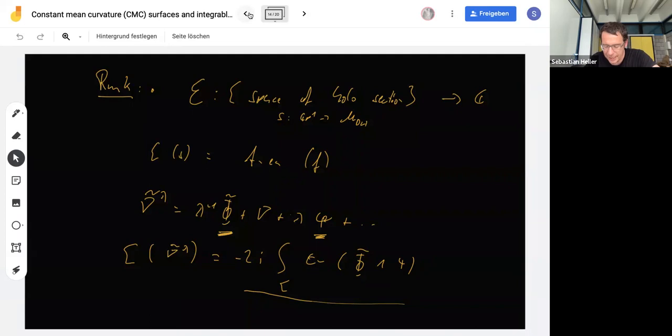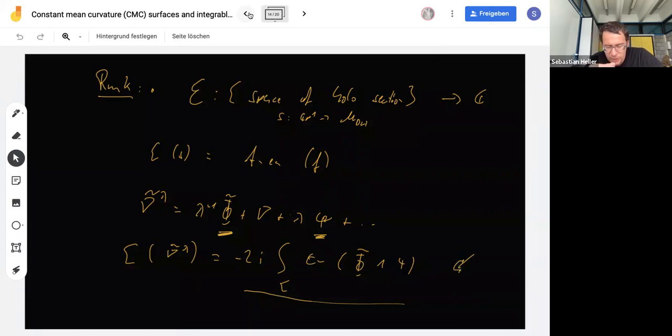So it's quite nice and actually also a very useful formula. In the last talk, I will explain how we can use this theorem to really study surfaces and find out certain properties of the surfaces. In particular, we can find out certain information about areas of Lawson surfaces, and we exactly use this formula here to do these computations.